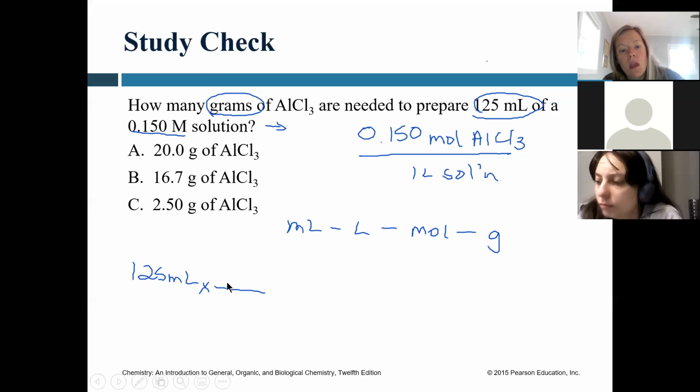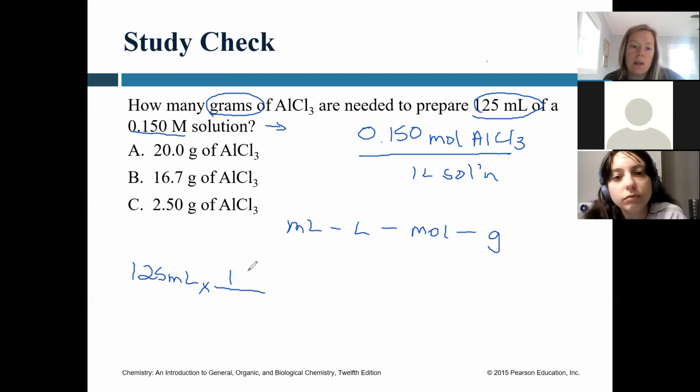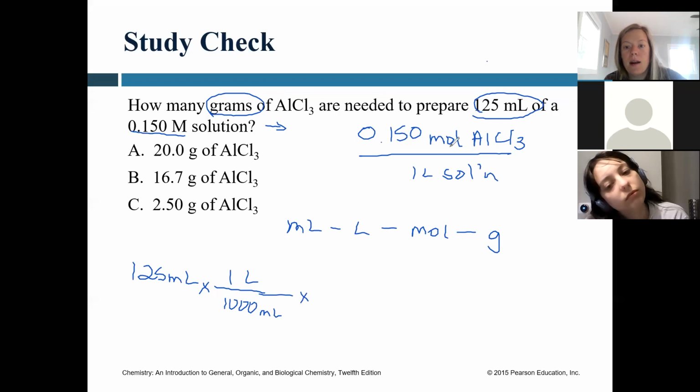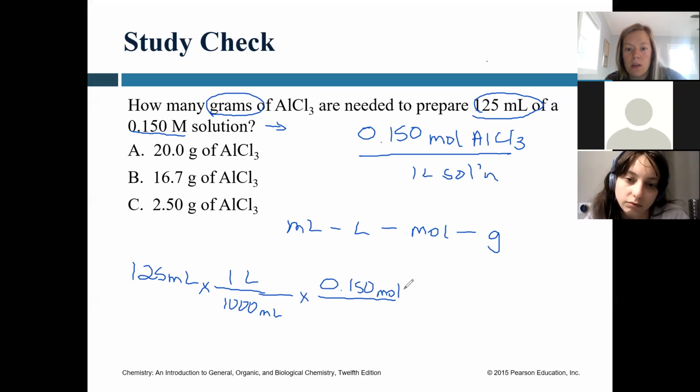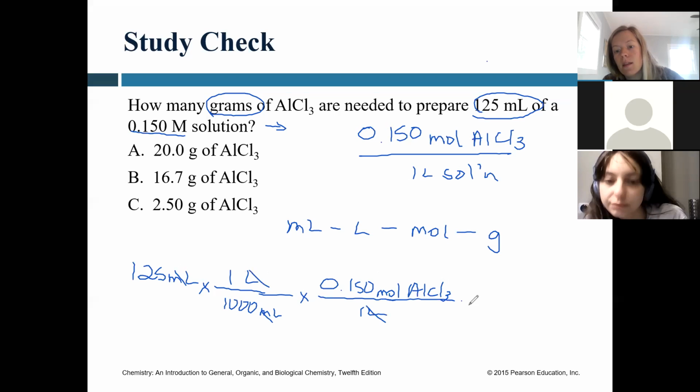So for every 1 liter, I get 1,000 milliliters. Then from there, I can use this relationship that says I get 0.150 moles of AlCl3 in every 1 liter. The milliliters will cancel, the liters will cancel.